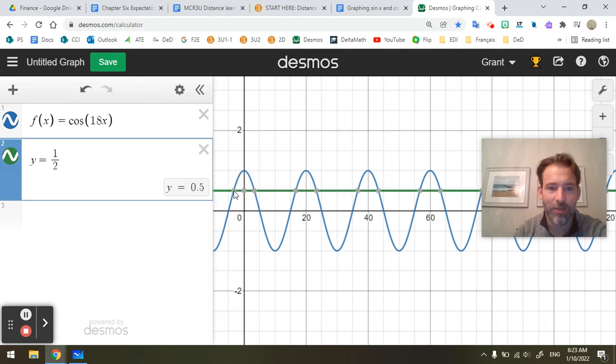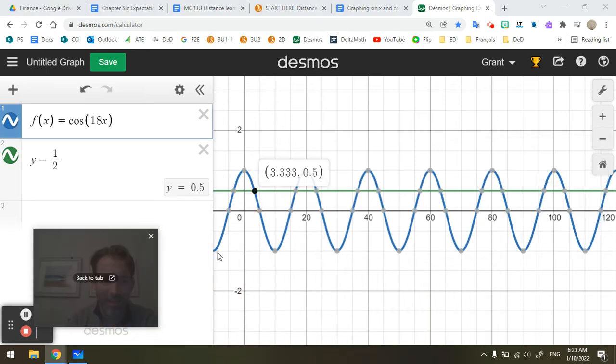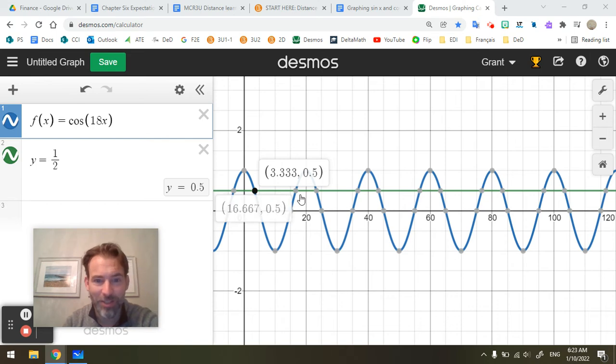There's negative 60 degrees, but because we have this 18 here, that's now negative 3 1/3. Because if I multiply 18 by negative 3 1/3, that will give us 60. Okay, negative 60. And then the same thing over here, 3 1/3 there. So now we can still create an expression, an arithmetic series that gives us all the possible solutions. And let's start from here, 3.333.